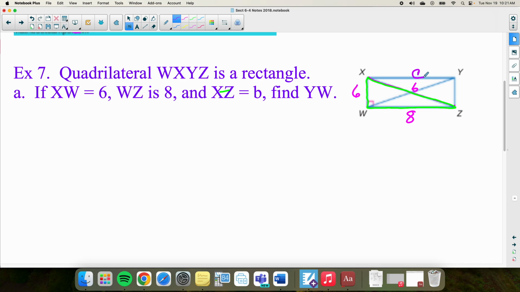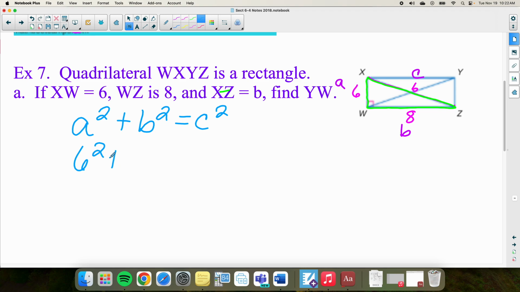The other two sides are my A and my B, okay? And then what I have to do is use Pythagorean theorem, a squared plus b squared equals c squared, so that I can find that missing side, okay? A and b don't matter, I just put the a with the 6, so this is 6 squared.